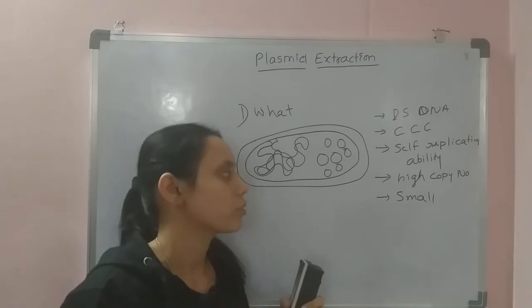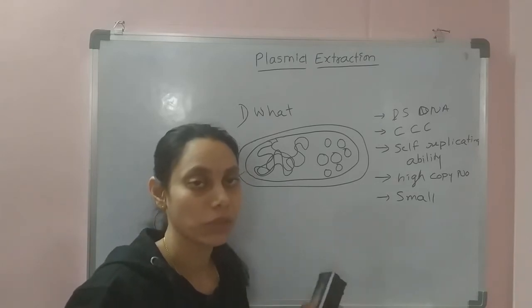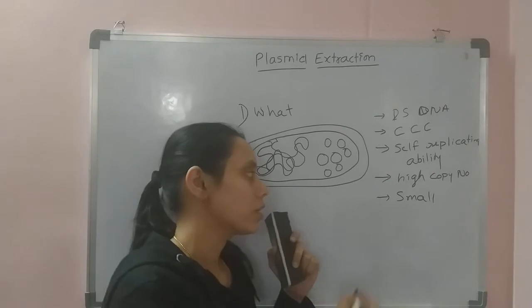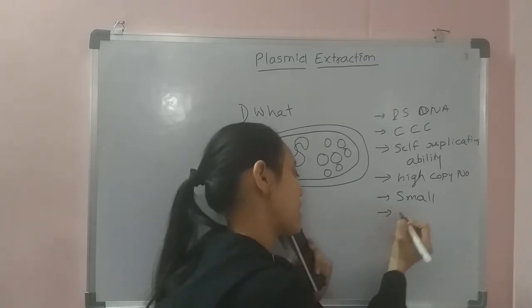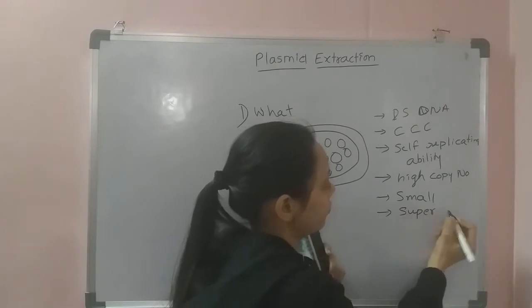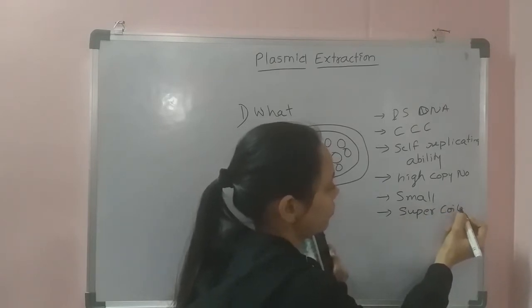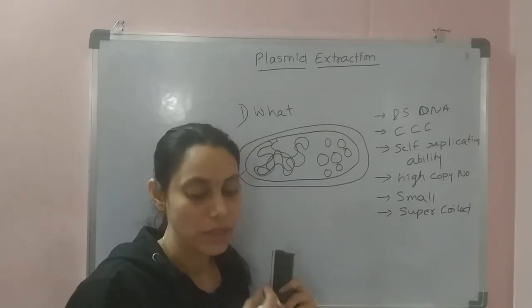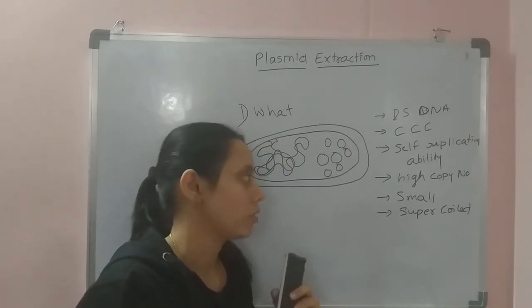So that is the vast difference between the plasmid and the genomic DNA. And these plasmids are mostly in supercoiled form. So mostly they are present in the supercoiled nature.